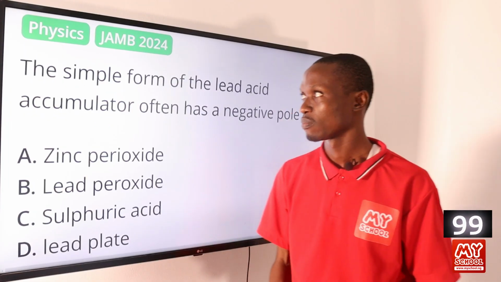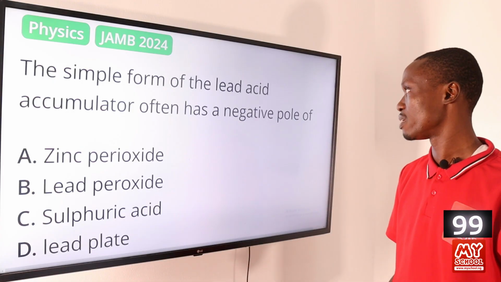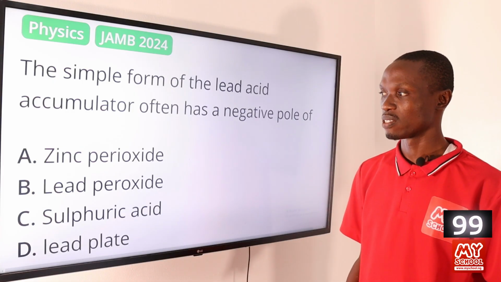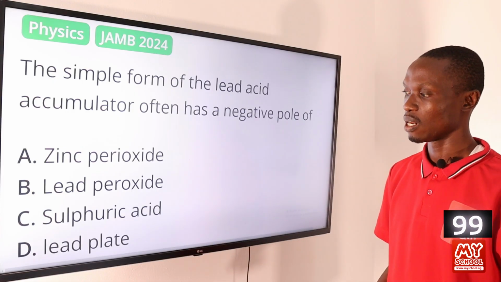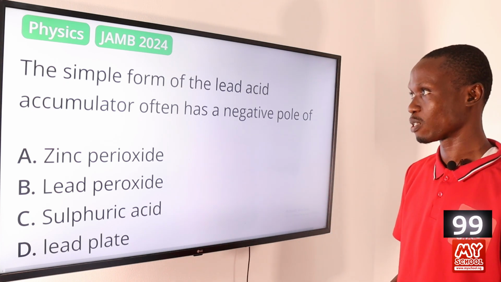Question 99. The simple form of the lead acid accumulator often has a negative pole of A, zinc peroxide, B, lead peroxide, C, sulfuric acid, and D, lead plate.